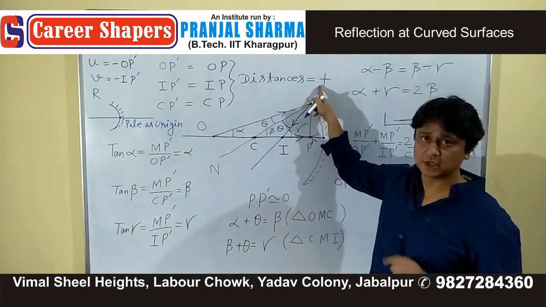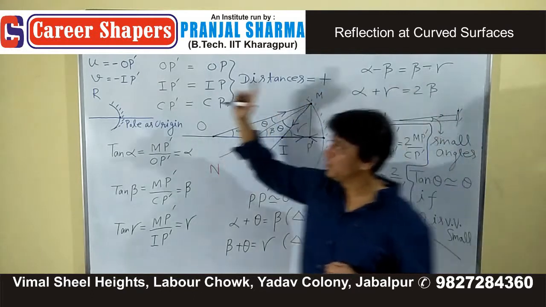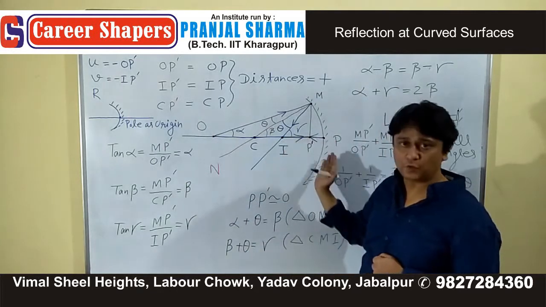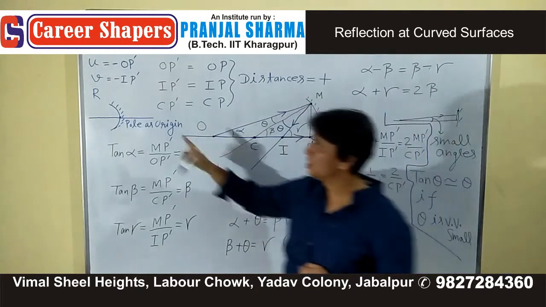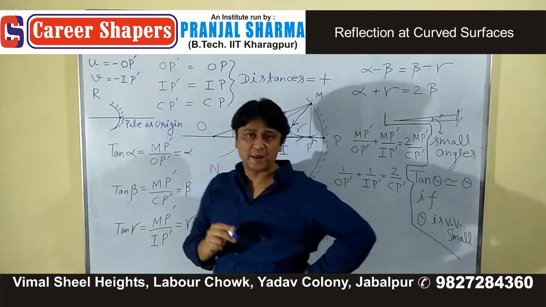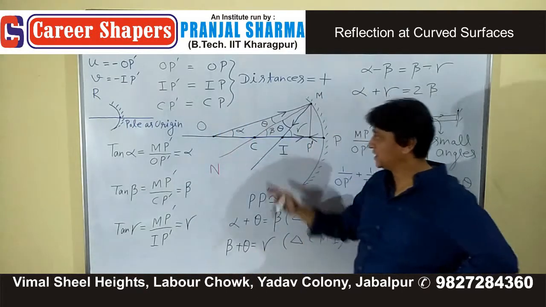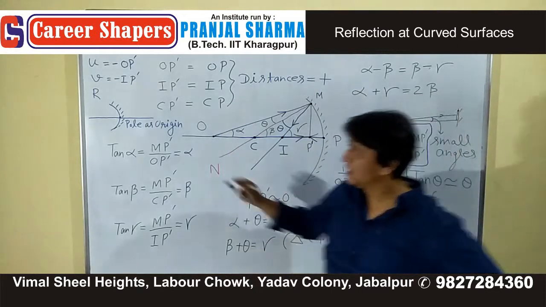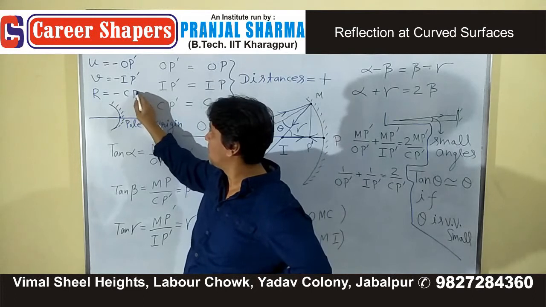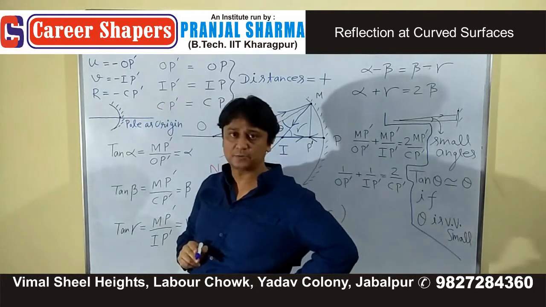It's a distance. Remember this part. But V should be taken with proper sign. So this is 3 on the left side of the origin, and therefore V should be minus of 3, which is minus of IP dash. And lastly, the CP dash, your R radius of curvature becomes minus of CP dash.